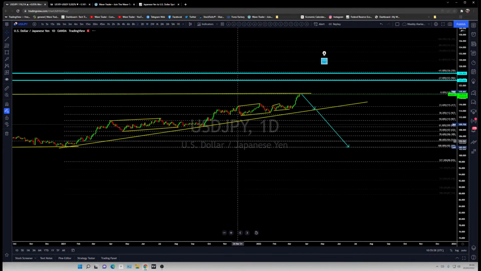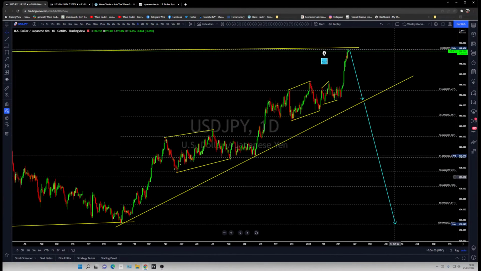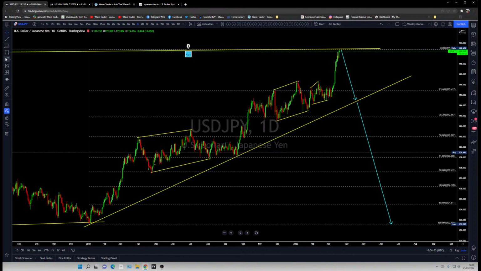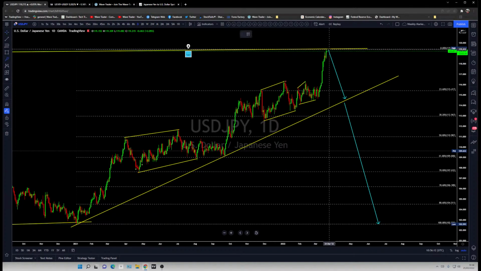If I look at the lower time frame, we had the possibility for another leg higher last week because of the Fed, and we have seen another leg higher. Right now, there is no reason for the dollar yen to drop very aggressively to the downside, as we know that the Bank of Japan is buying more bonds, meaning creating more money.